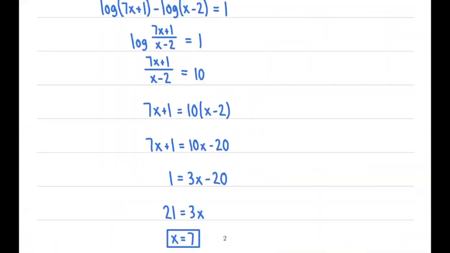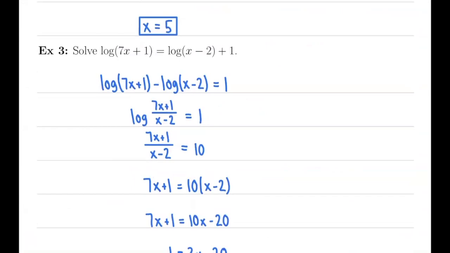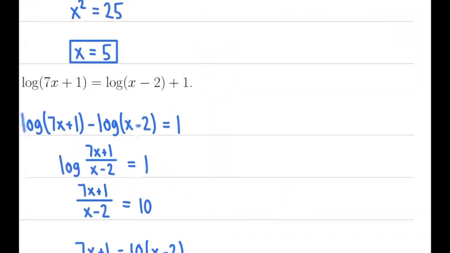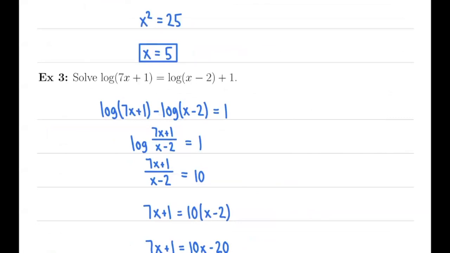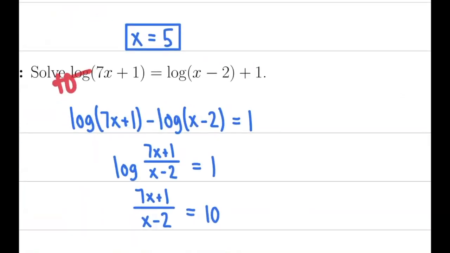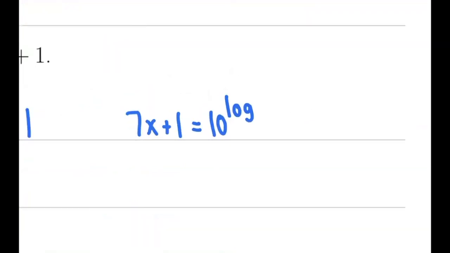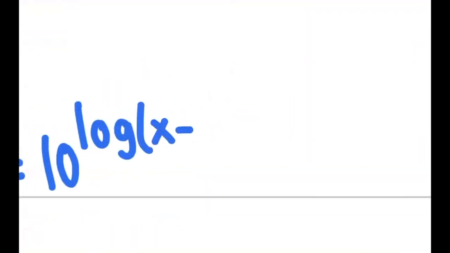Once again, I feel like there was a better way to do this, in my humble opinion. Just exponentiate both sides in the very first step, and I think it was a little bit nicer. Let me write that down actually. So you want to do 10 to the power on that side. That'll just give you 7x plus 1 equals 10 to the power of log of (x minus 2) plus 1.